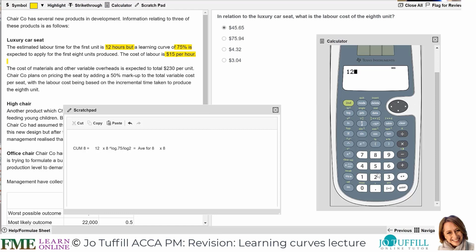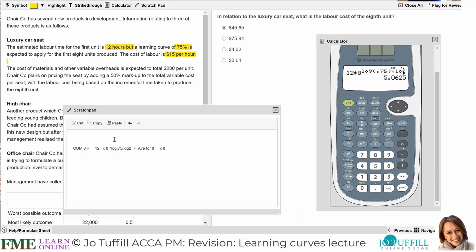You do 12 times by 8. And on this calculator, the little hat is there to do it to the power of. And then you go for log 0.75, close the bracket, divide by log 2, close the bracket.